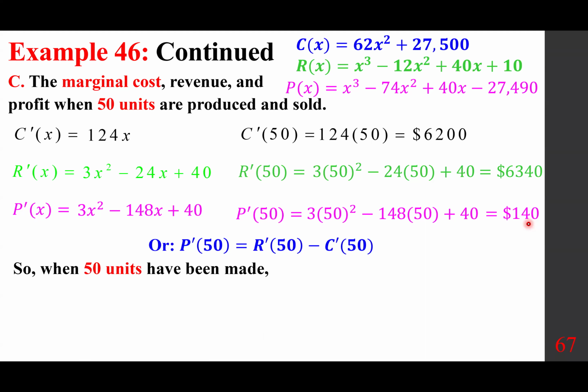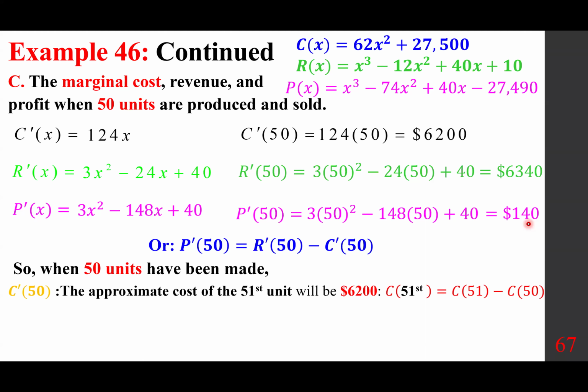In other words, when 50 units have been made, C prime of 50 represents the approximate cost of the 51st unit, the next unit, will be about what we got here, 6,200. Now, what is the exact amount? So this is an approximation. What is the exact amount?